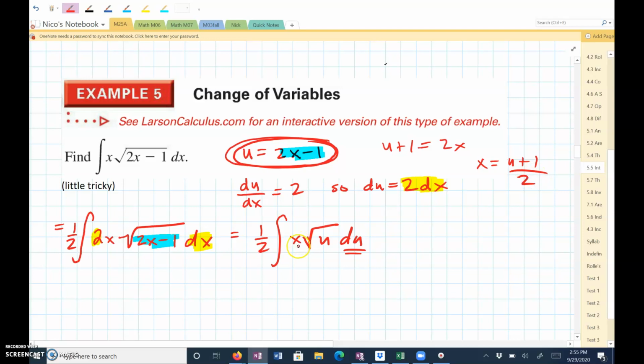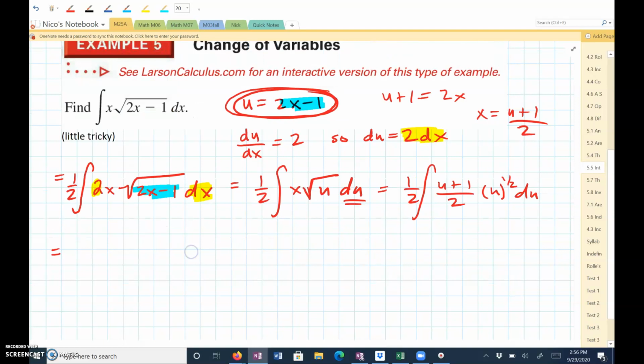So now I can substitute right there and write 1/2 times the integral, where x is going to be u plus 1 over 2 times u to the 1/2 power du. And then I can factor out the 1/2 here.